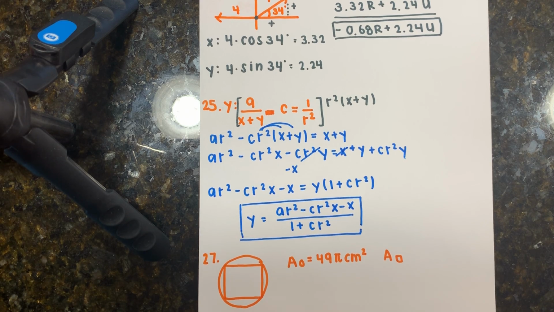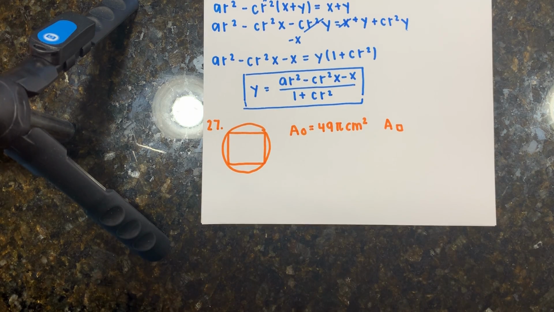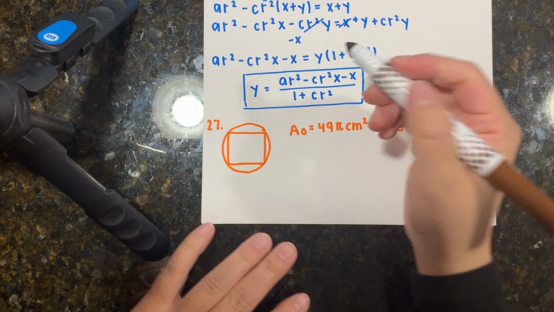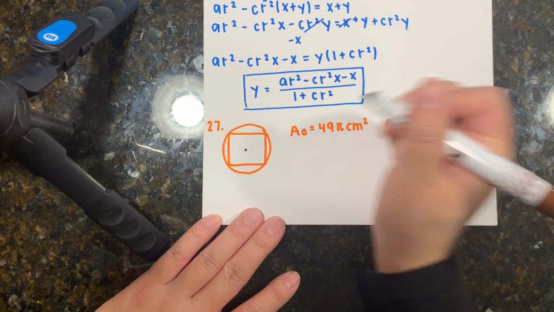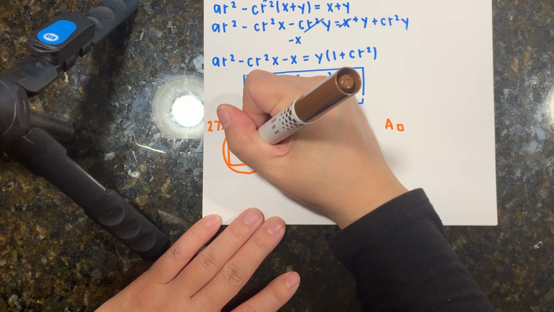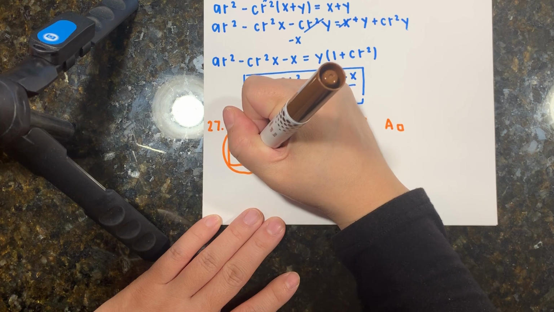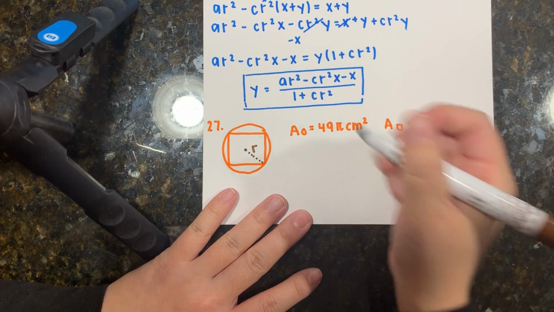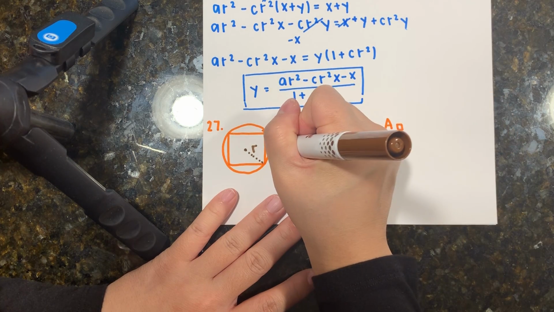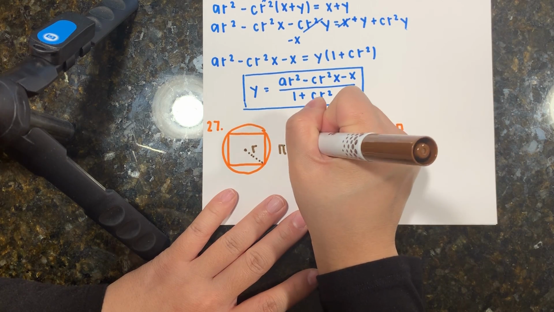Now moving on to number 27, we are given that the area of the circle is equal to 49 pi. So that means that we're going to try and find the radius. This would be the radius, and the way you do that is by setting that equal to pi r squared.